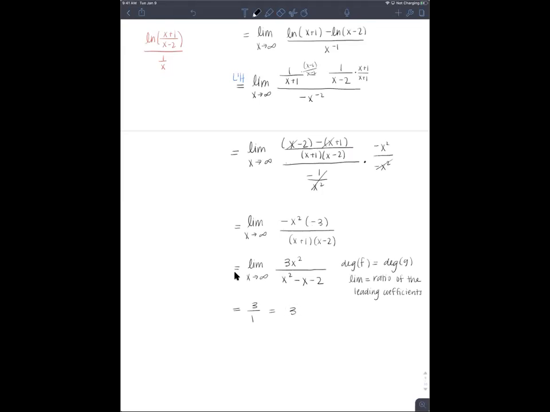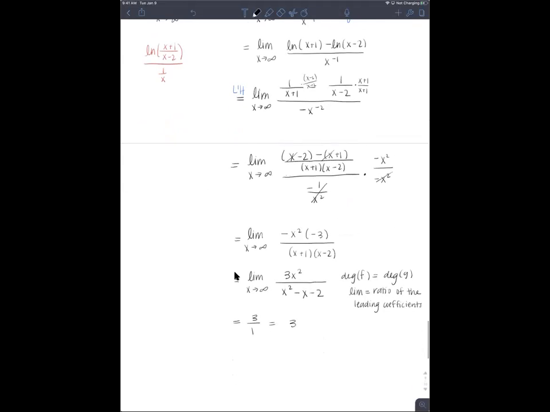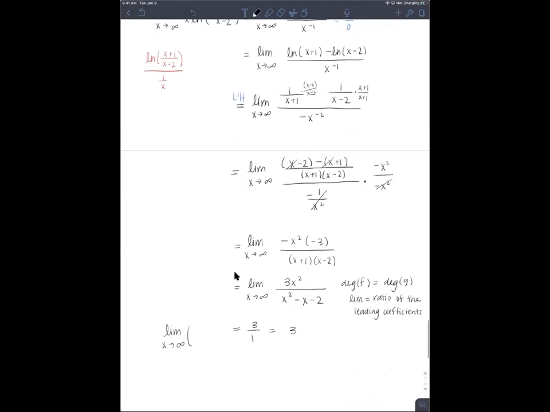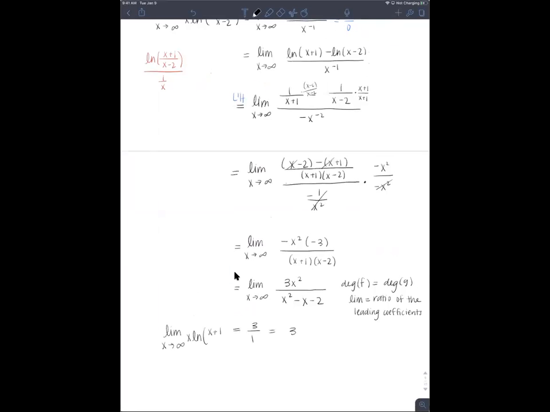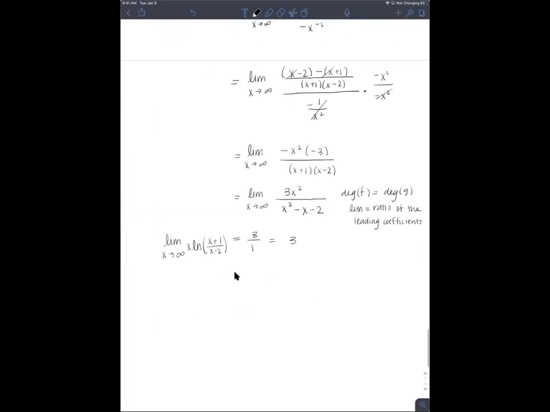Yeah, it's e to the power of 3, right? Because all this was saying here was that the limit as x approaches infinity of x ln of (x plus 1 over x minus 2) is equal to 3. But the limit that we actually care about is not that one.